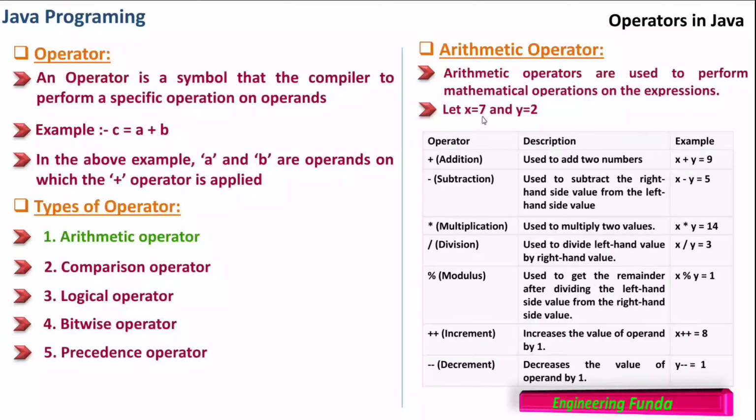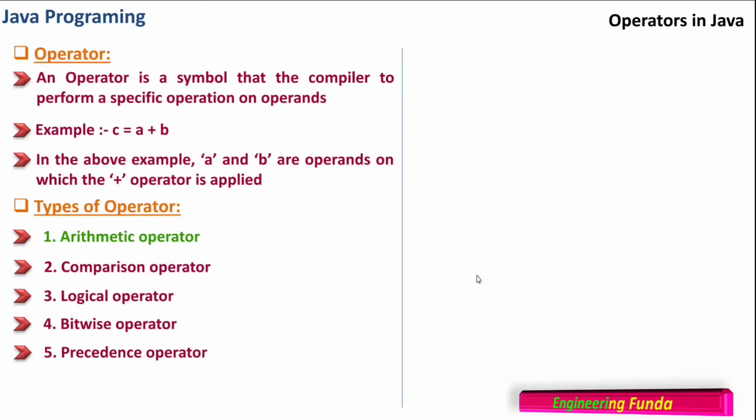So x is 7, so it will make the value of x as 8. Same way, decrement decreases the value of the operand by 1. So if I perform y minus minus, the value of y will become 2 minus 1, that is nothing but 1.